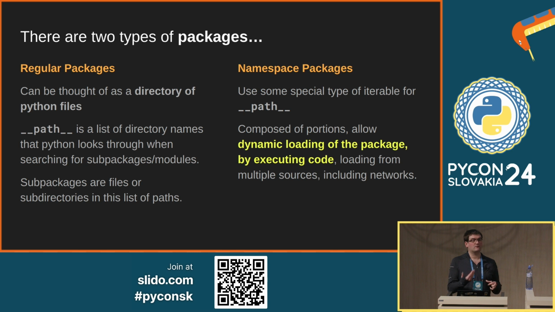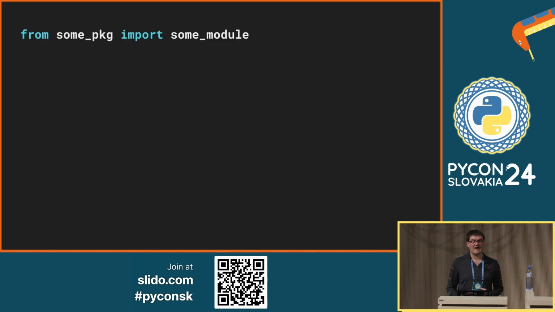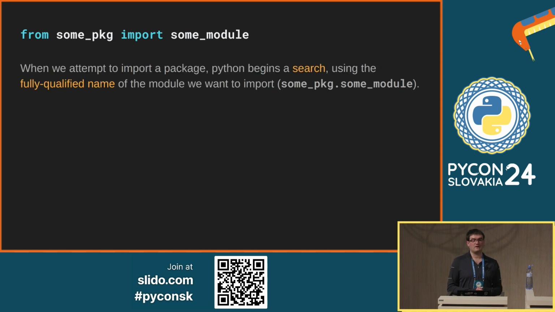They might look on networks, or sniff around to find out what's on a particular machine and so on. So even by importing a package, even by the process of finding it sometimes, we're opening ourselves up to potential attack.